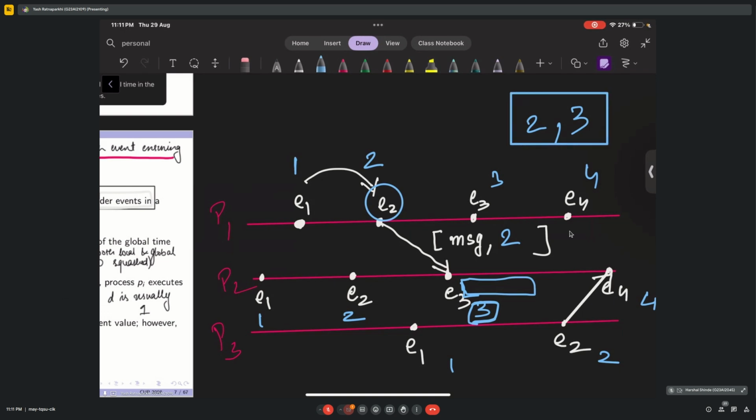So now what will it do? It will pick the maximum of the two, because time cannot go in reverse direction. It will go in the forward direction only. That's why it will take the maximum. So what timestamp will be assigned to E3? It will be 3. You got it? समझ में आया ये?